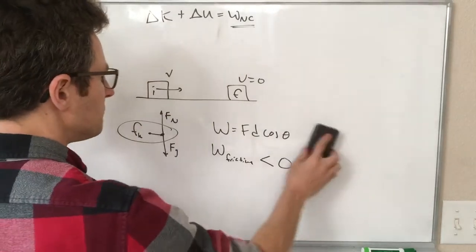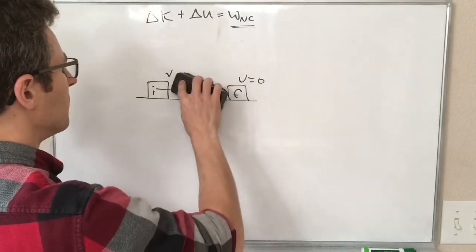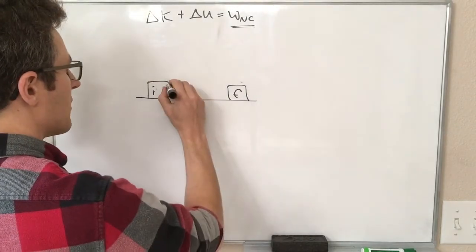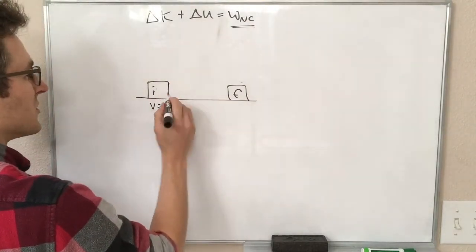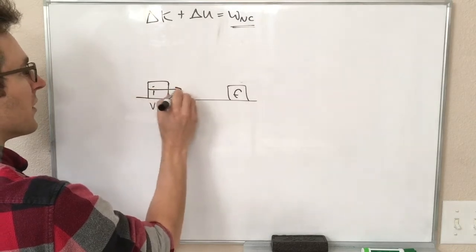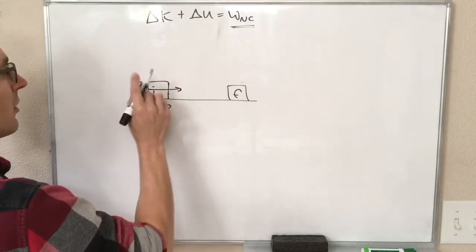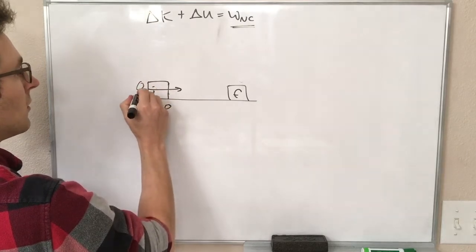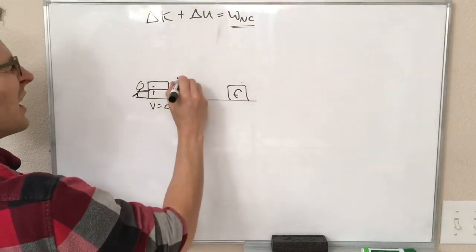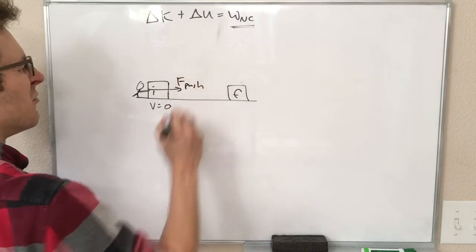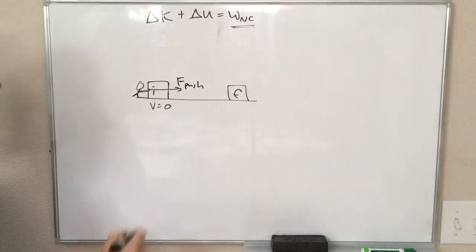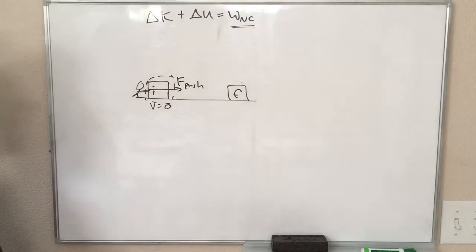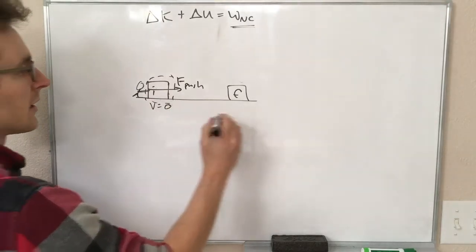So for example, we could think about a problem, no numbers, just a conceptual example. Let's say we have our block and it starts with some v equals 0, but there's some force on it, right? There's some person who is pushing the block and applying an external force. So if we're looking at our system of one block, it starts with no kinetic energy.